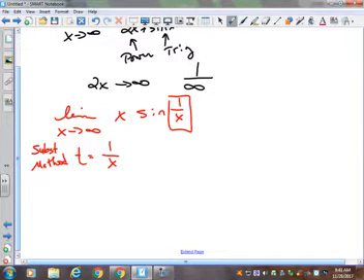Because we're going to say 1 over x is equal to t and take that 1 over x out and put a t in for it. Now we already know that this fraction goes to 0, right? So by taking that 1 over x out and putting t, it's going to change what my limit is. And then I need to take this x out.